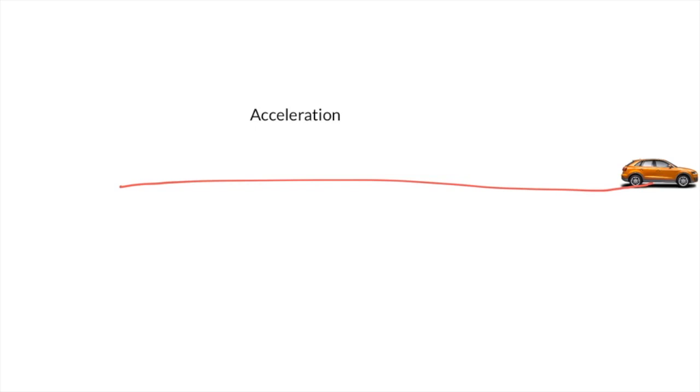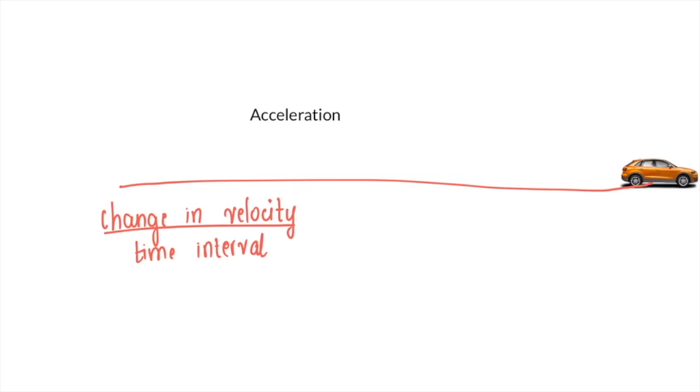Acceleration is nothing but change in speed or change in velocity. Here for a straight line, velocity and speed are the same because displacement and distance will be the same. So change in velocity upon time interval is equal to acceleration a.